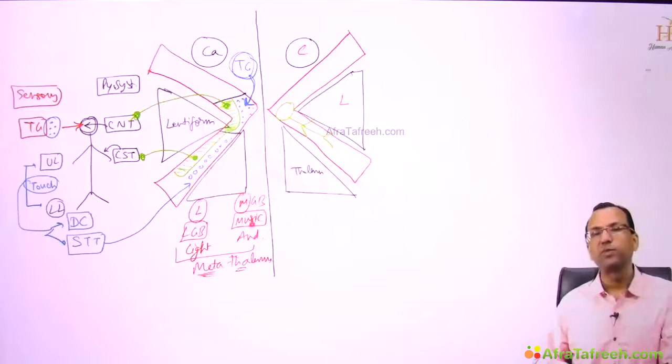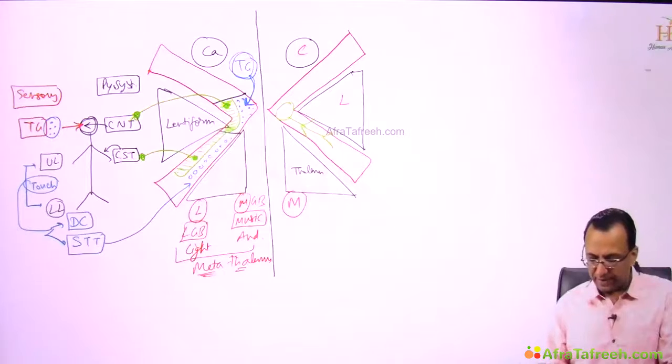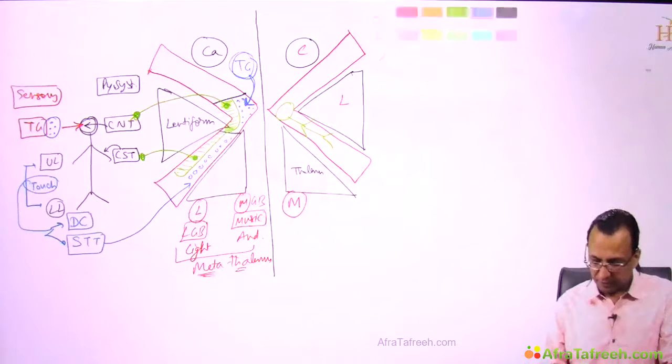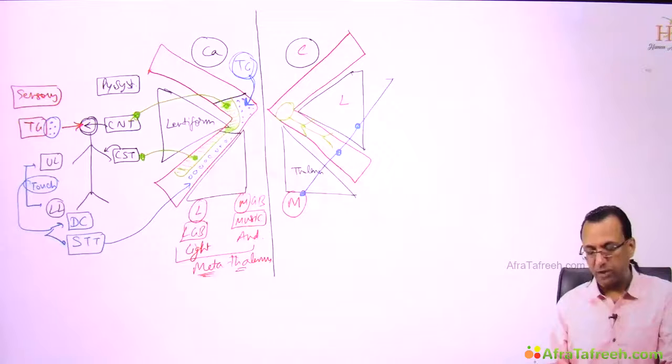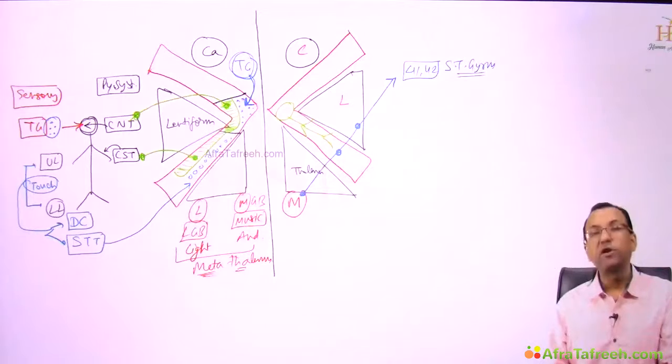Let us discuss the two pathways again. This is the medial geniculate body, and where is the pathway? The pathway from the medial geniculate body uses the posterior part of the internal capsule, passes under the lentiform nucleus and reaches area number 41-42. That is the superior temporal gyrus, the auditory cortex.